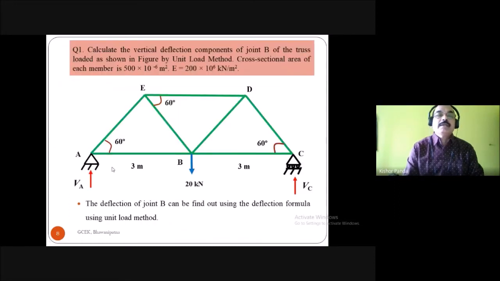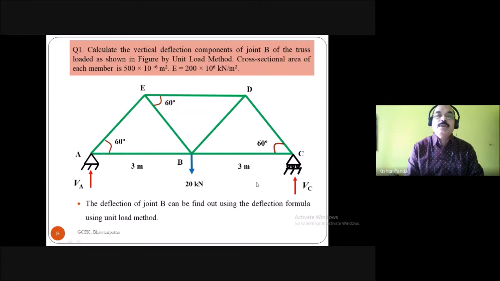Then coming to one example: calculate the vertical deflection component of joint B of the truss loaded as shown in the figure by the unit load method. The cross-sectional area of each member is given as 500 into 10 to the power minus 6 meter square, and E is equal to 200 into 10 to the power 6 kilonewton per meter square.